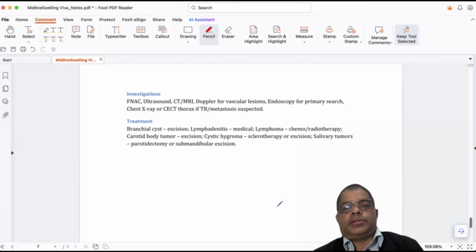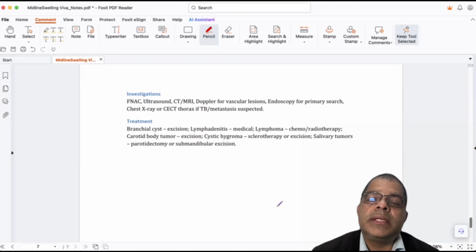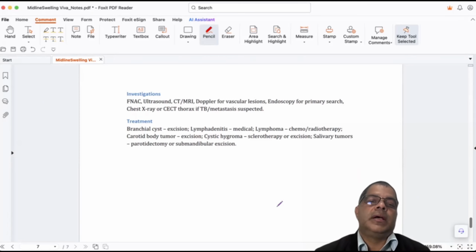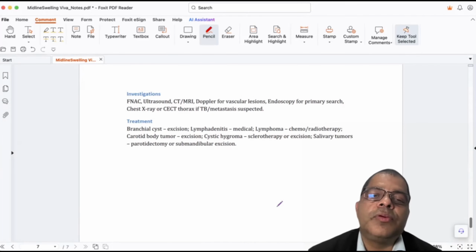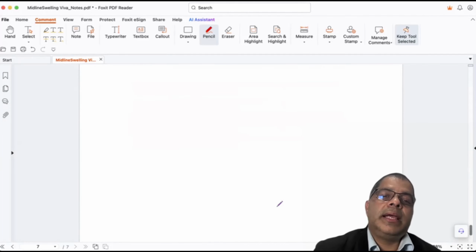Excision is the choice. Salivary tumor, especially in the parotid, pleomorphic adenoma is common, so superficial parotidectomy. And for submandibular gland disease, you have to go for submandibular gland excision.